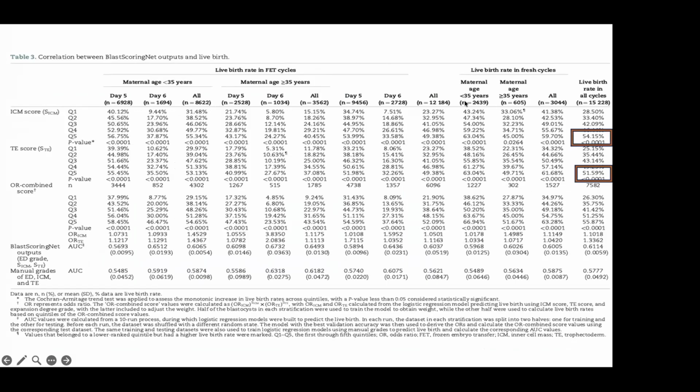If we see more than 35 only, it's 45, and less than 35, it is 63.4, which is extremely high. And TE in Q5 is 51.5, and in the more than 35 category, it is 49.7. Similarly, the OR combined is also higher, at 55.8%.